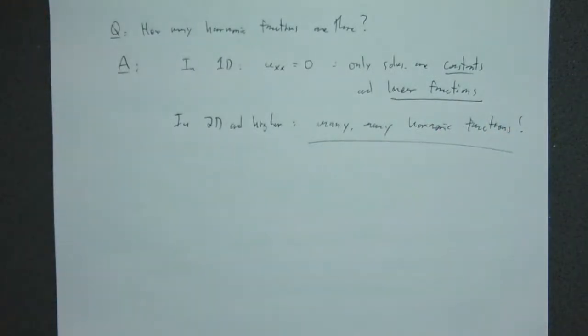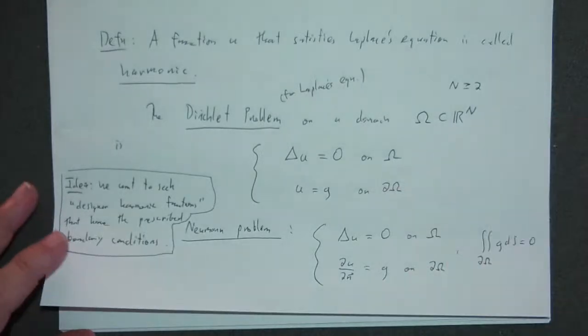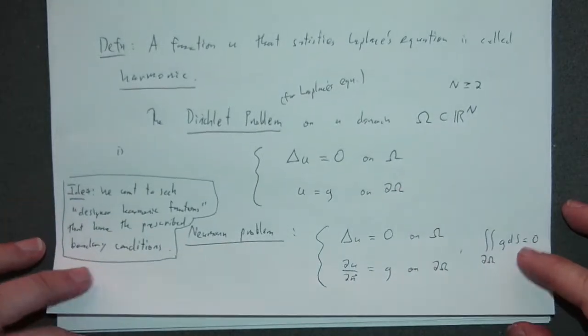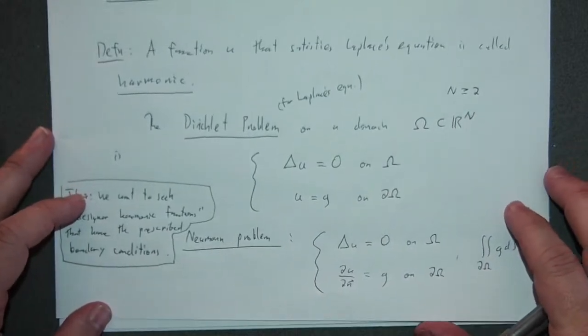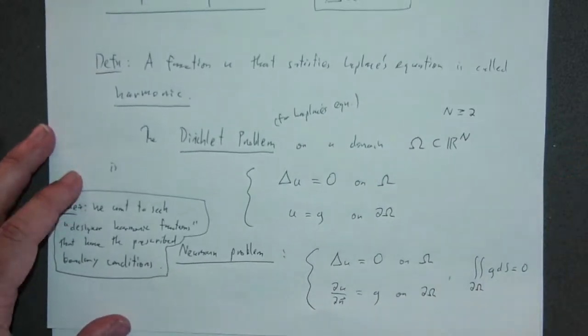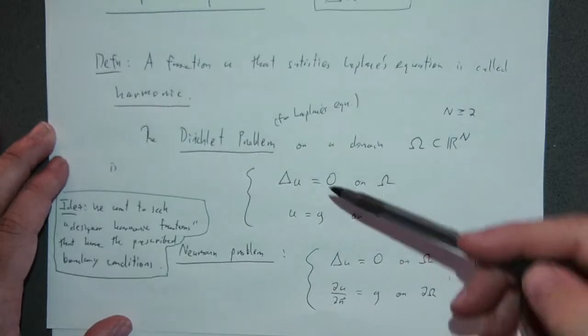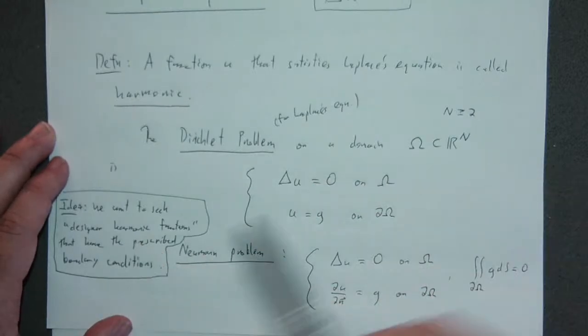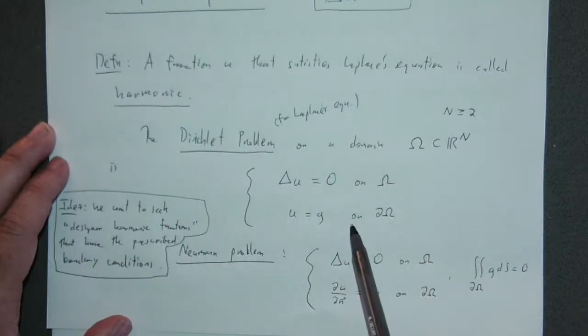So this is good, and the reason this is good is going back to our statement of the Dirichlet and Neumann problems here. Our idea is that, being able to solve these problems, the ideal setting is I have these designer harmonic functions that I can use, right, to say, oh, well, I need a harmonic function, but I need it to be this function on the boundary.